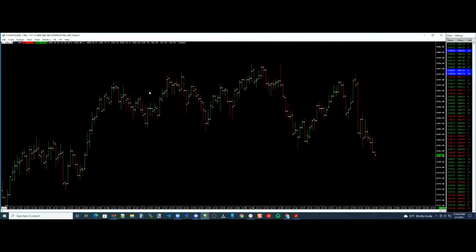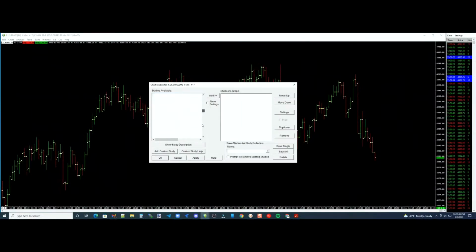So to create a market profile, all you do is come to studies and go to TPO, because it's time price opportunity. That's what TPO is. And quite frankly, it should be called a TPO, not a market profile, but it is a market profile and it is a TPO. They're one and the same.